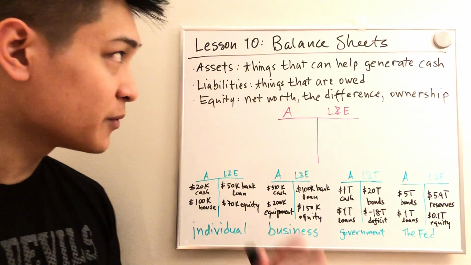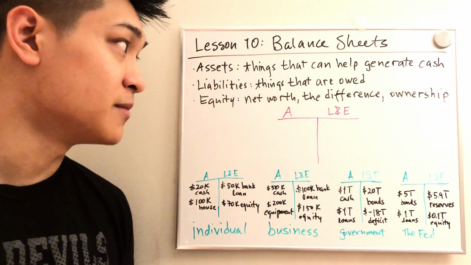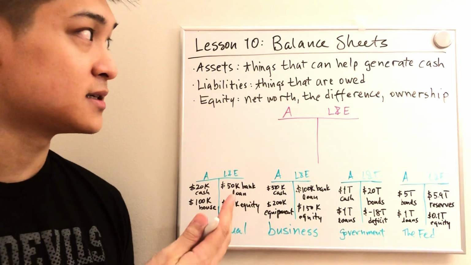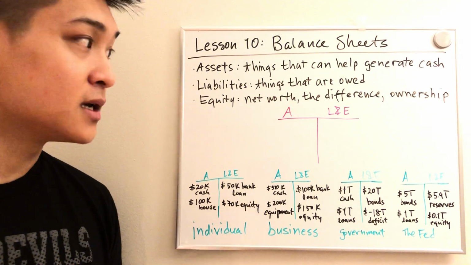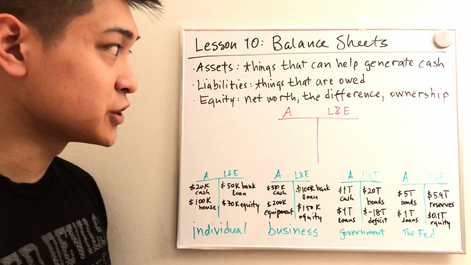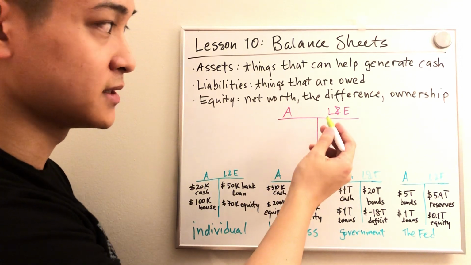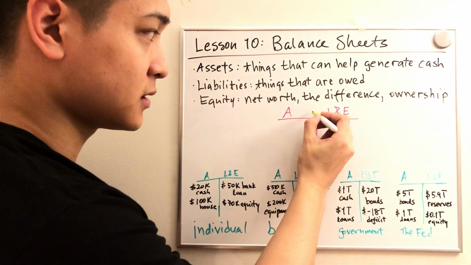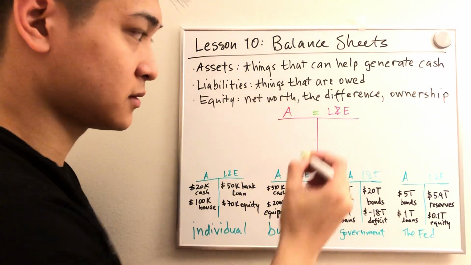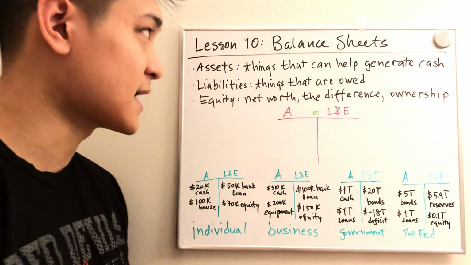So for the balance sheet, as is in the name, it is a statement that must balance. And the accounting equation is that the assets must equal the liabilities and equity. And we'll talk more about exactly what that means.